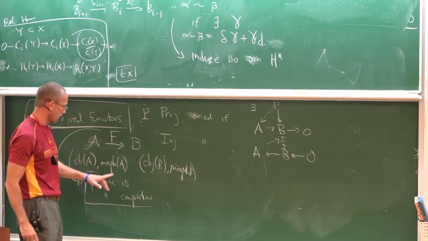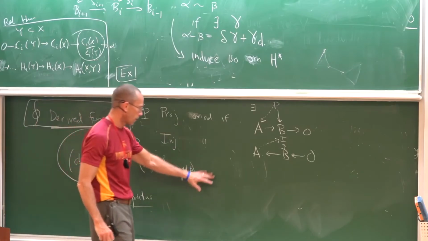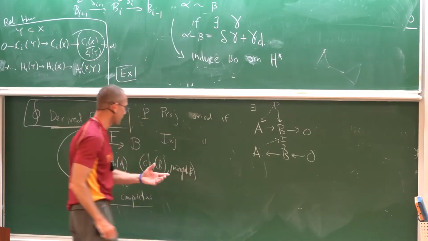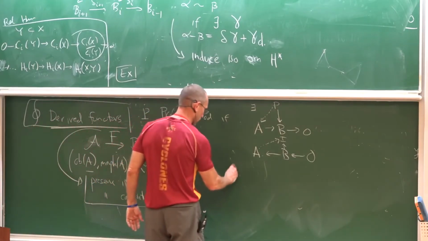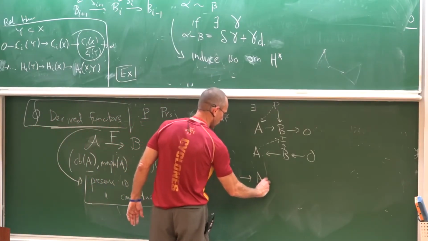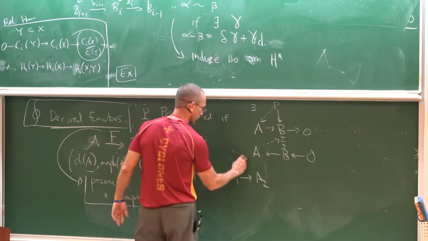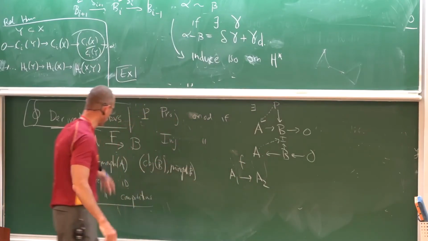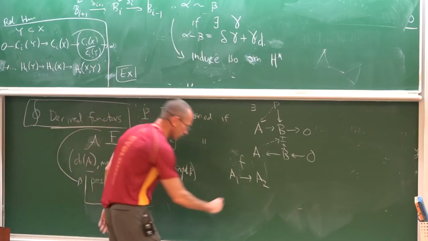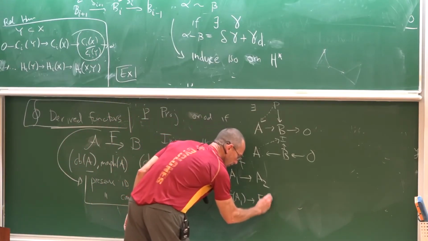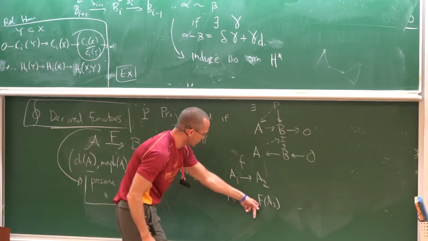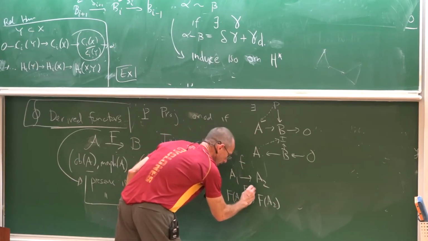And so I want to now remind you that there are two flavors of functors, called covariant and contravariant. If I have a map f from A1 to A2, these are objects in A, then I can apply my functor F. It spits out a sequence of things in B, so I have F of A1 and F of A2, which are objects in B, and I have F of f.